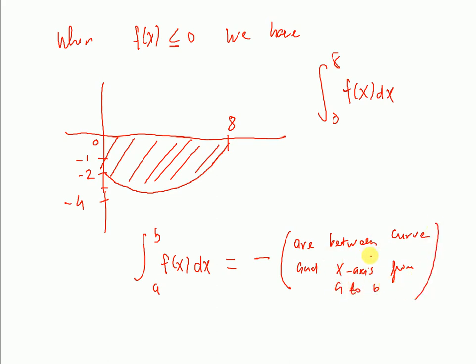Because the area is a positive value, we have the positive value of the area. But then because this one is under the x-axis, we get the negative value for this one. So this notation is actually the negative of the area from the curve to the x-axis. So that's what that means.